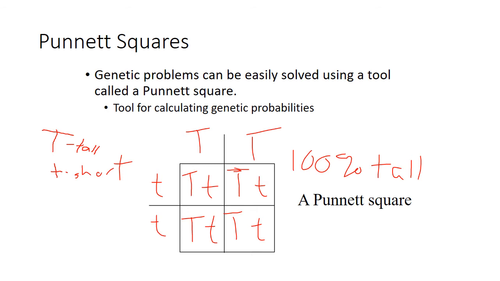So this is a 1 to 0 ratio. And this gives us a lot of information of what we need to know here. All the children are tall.